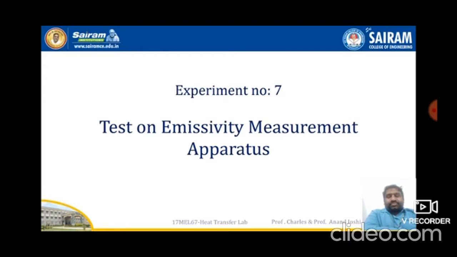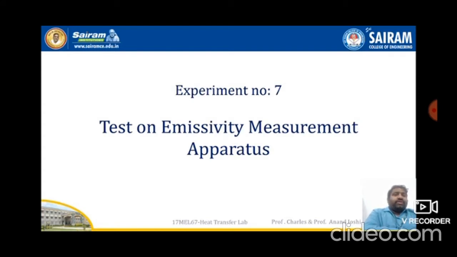Suppose an object has an emissivity of 0.6. It would emit 60% of the energy that a black body would under the same conditions. For a black body, the emissivity is 1, that is 100%. Other than a black body, all surfaces have less emissivity, less than unity.